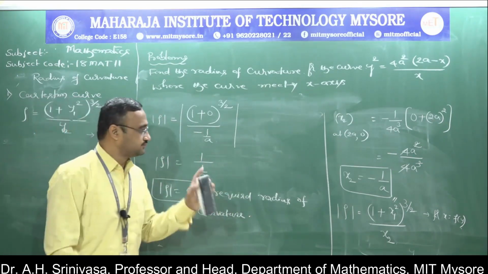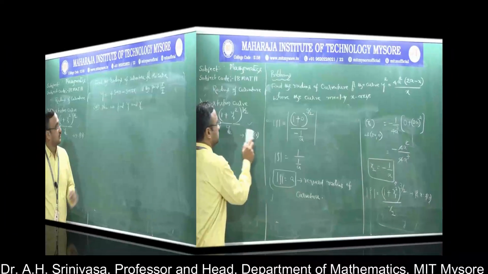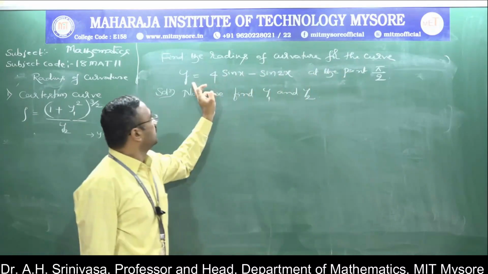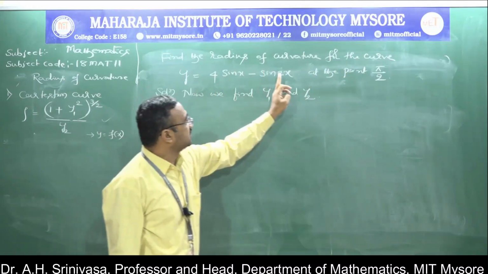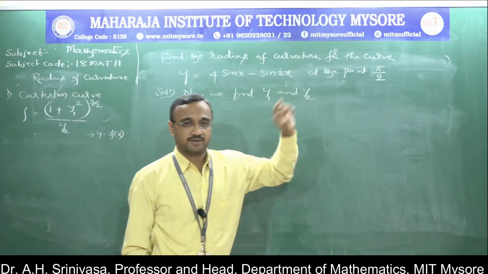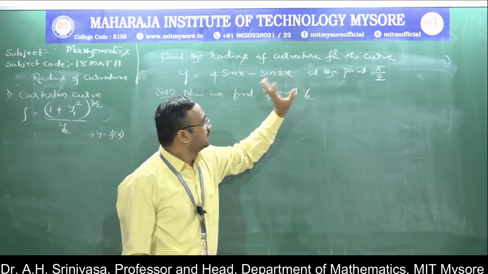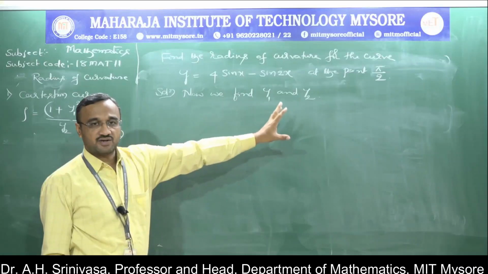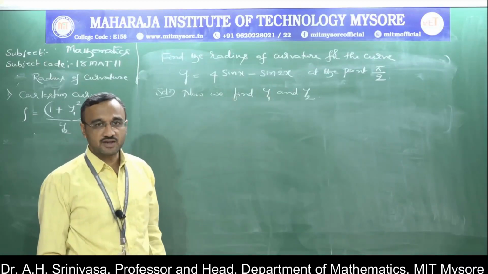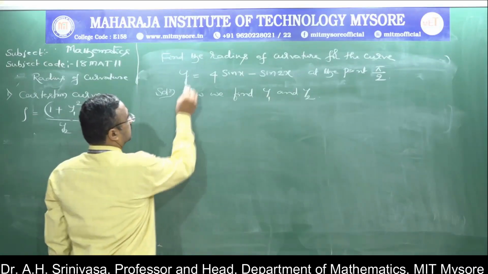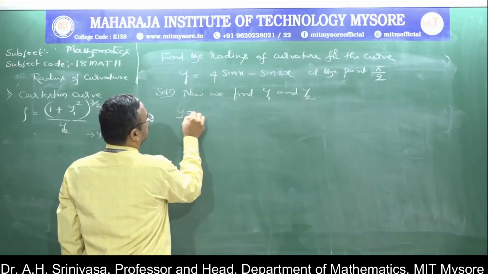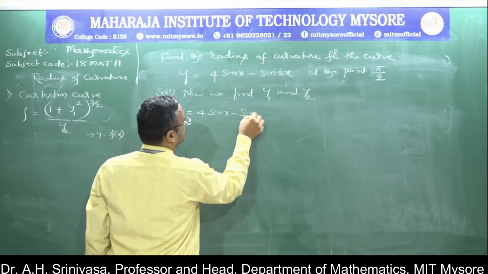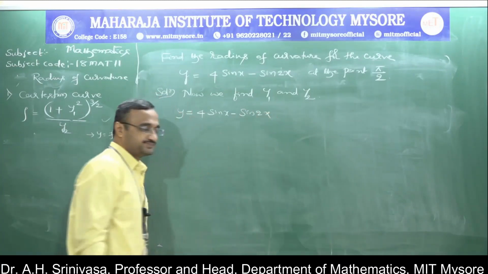Is it clear? So, find the radius of curvature for the curve y equal to 4 sin x minus sin 2x at the point pi by 2. Our duty now is to find y1 and y2 in order to find the radius of curvature. So your y is 4 sin x minus sin 2x.